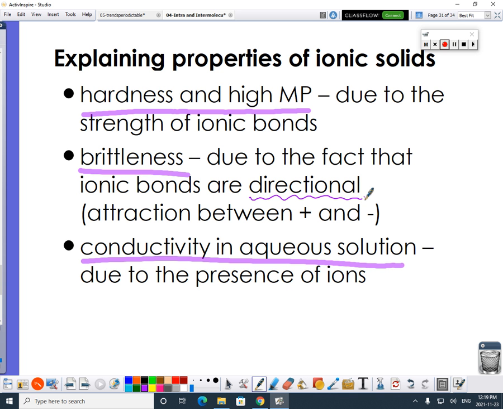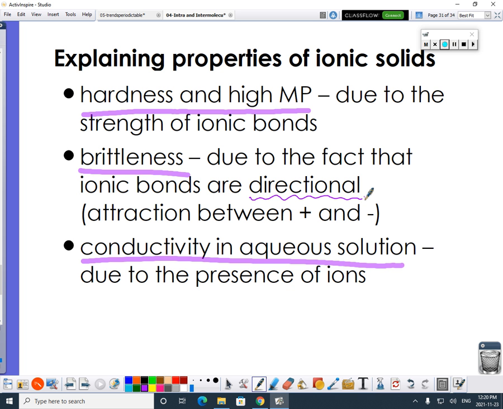If you think about table salt, that it forms a crystal, it's sort of obvious, but your textbook talks about the idea that if there's a plus and a minus, then we call that bond directional. Basically what it means is if you have a strong pattern, then when you break the bond, it's going to shatter instead of bend. Okay?